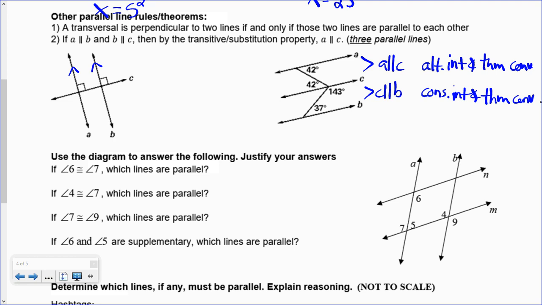So I can prove that A is parallel to C, and I can prove that C is parallel to B, but is there a transversal that goes straight from A to B? No, so I have no way of proving that A is parallel to B using angles, but I can still say that A is parallel to B. Why? Which property would you say, if you saw this in a proof? The transitive or substitution. I don't care which.